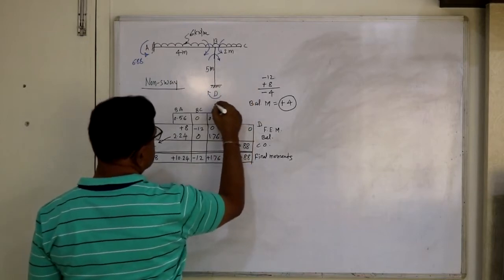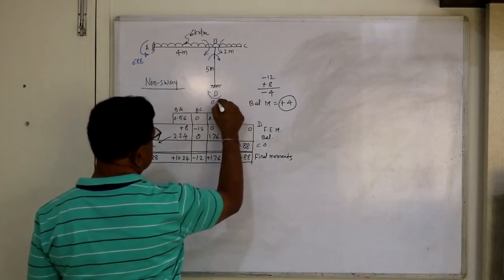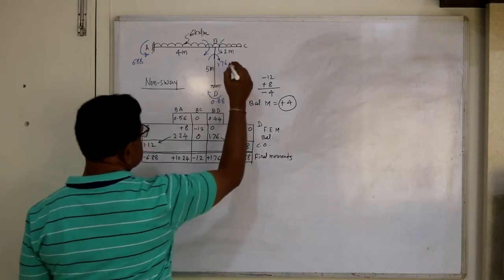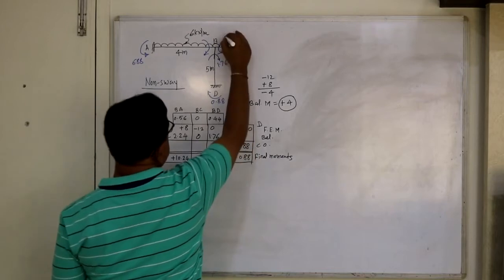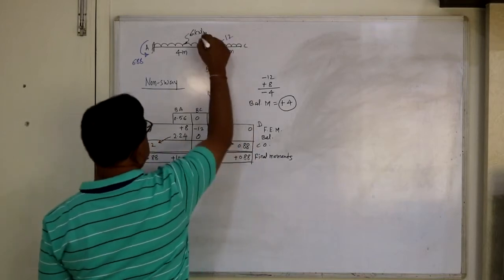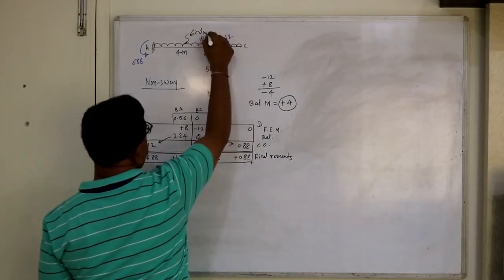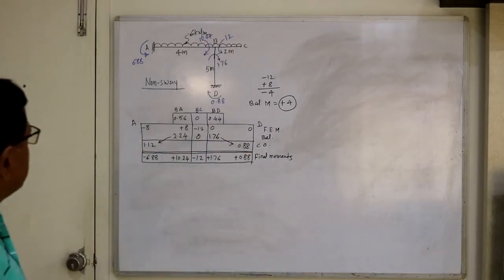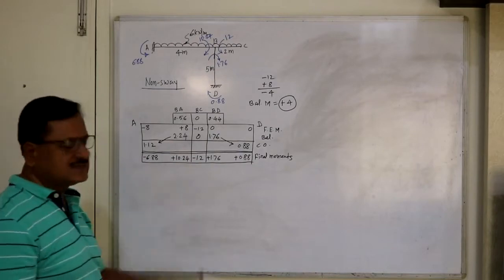So this is 0.88, this is 1.76, and this is 12, this is 10.24. Now just enter the values according to their signs.